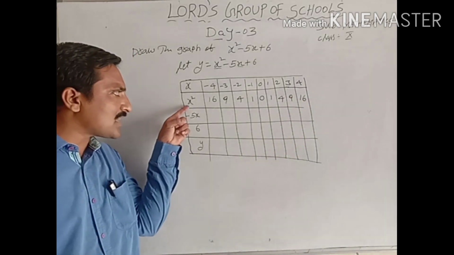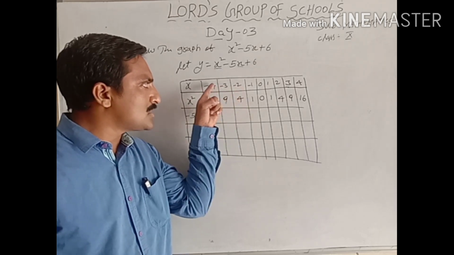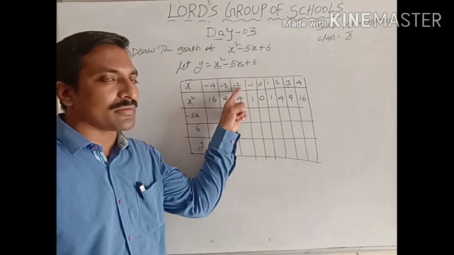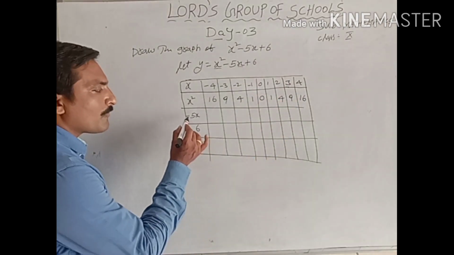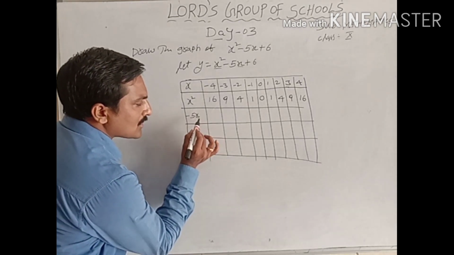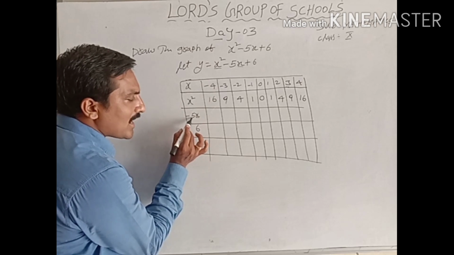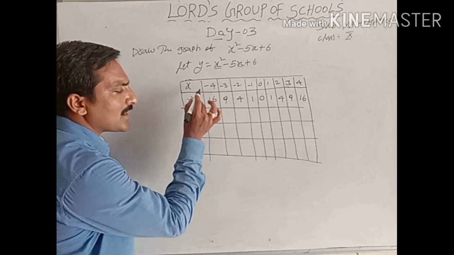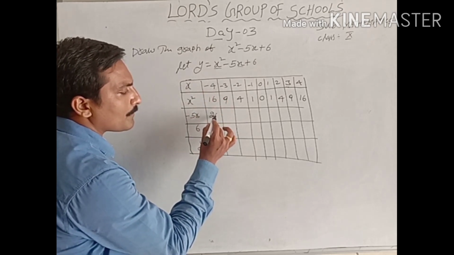So for x square, whatever numbers are present, you write their squares. Next comes minus 5x. In the place of x, first take minus 4: minus 5 into minus 4, minus into minus is plus, 5 fours are 20.